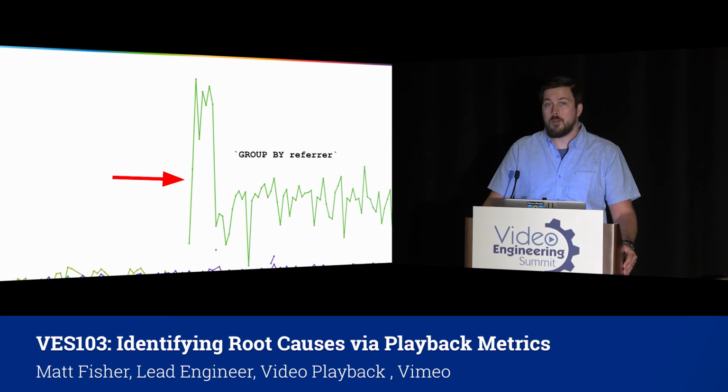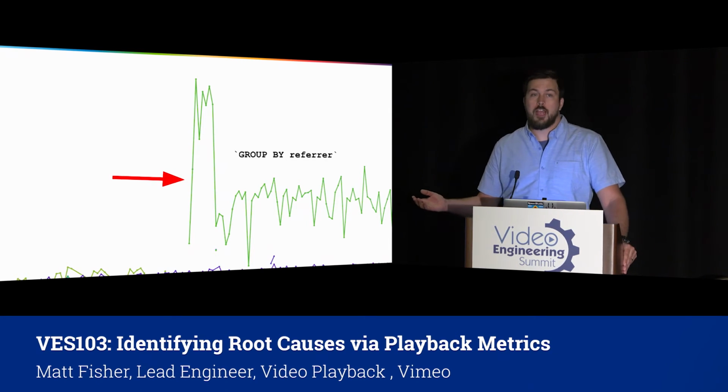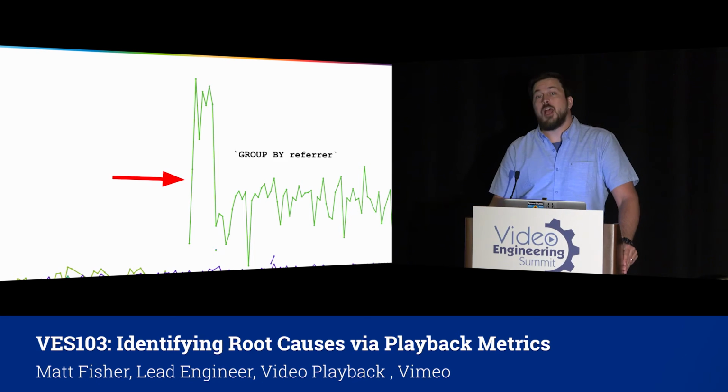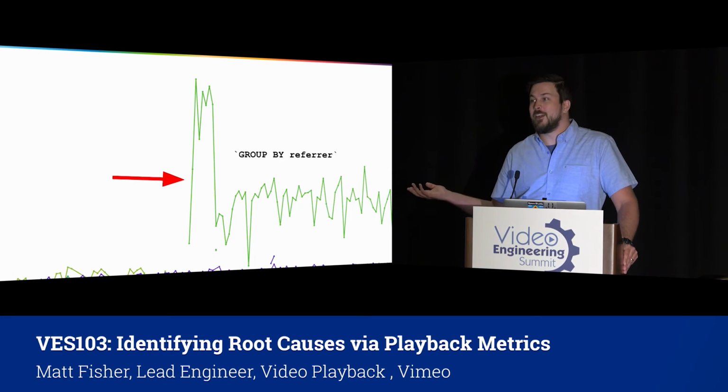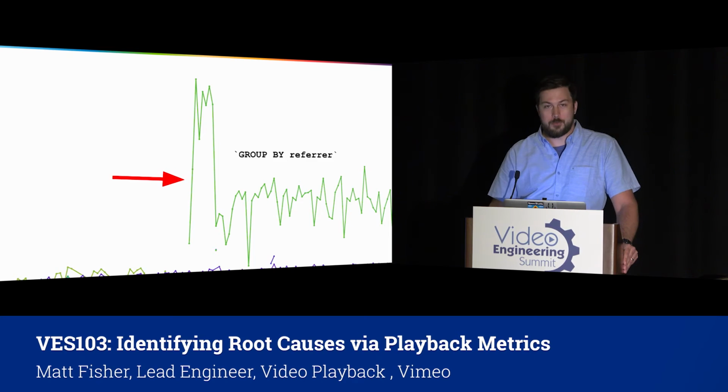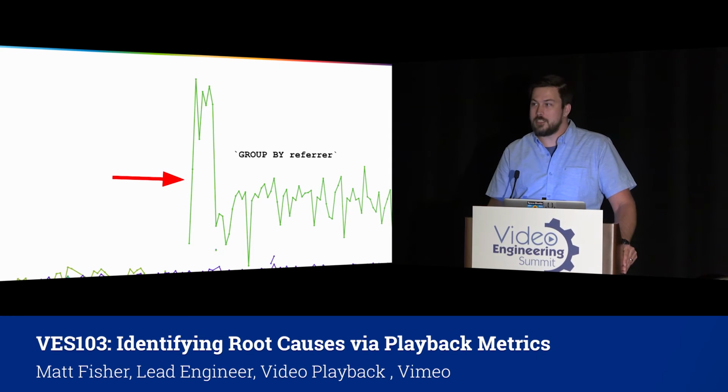Something happened from an external source, and quickly grouping this by referrer, I was able to identify it. After opening up a tool to write a quick query, and by query I mean literally just grouping the results by referrer, as that's a property on our playback metrics, it gave me the confidence that there was one contributor to this issue.